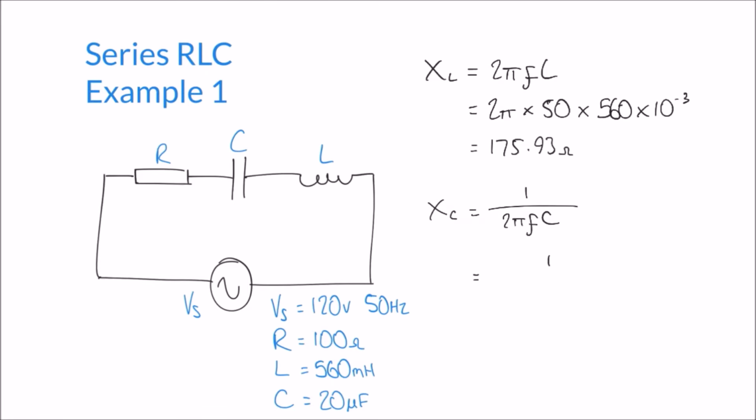That is 1 over 2 pi times 50, the frequency, times C, which is our capacitance, which in our case is 20 microfarads, 20 times 10 to the minus 6. And that comes out with an answer of 159.15 ohms.